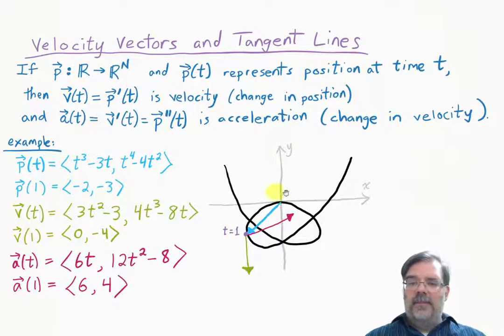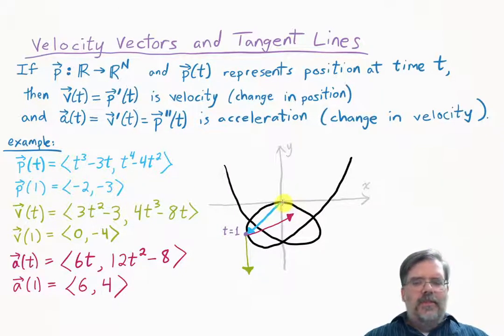So as an example, let's start off with the vector function for the trefoil knot. Right, it traces out this kind of pretzel shape. And so the function for that is t cubed minus 3t, t to the fourth minus 4t squared. If I evaluate this function at a point, say p of 1, we'll get negative 2 comma negative 3.